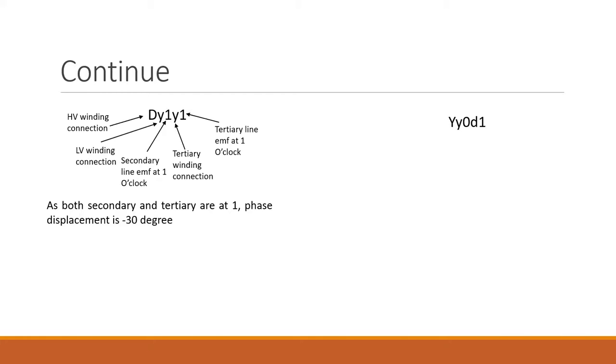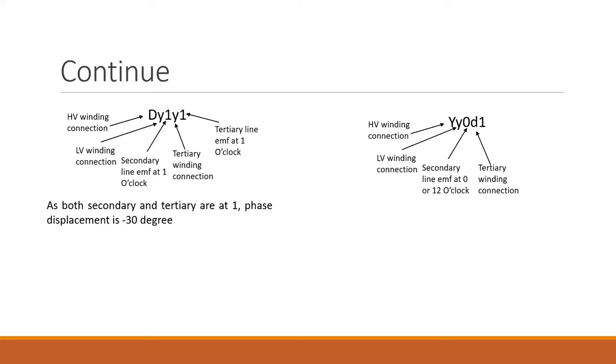We could consider another example, Y0D1. What exactly is it going to indicate? The first letter is the HV winding connection, the second letter the LV winding connection. The 0 means your secondary line EMF is at 0. The first number indicates the time phase displacement for HV and LV. Then the next letter represents the tertiary winding, and the 1 again means the tertiary line EMF is at 1 o'clock.